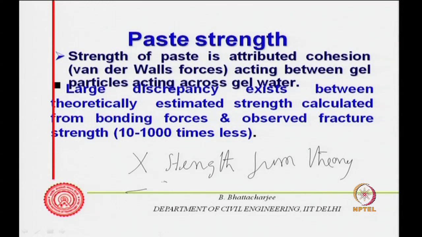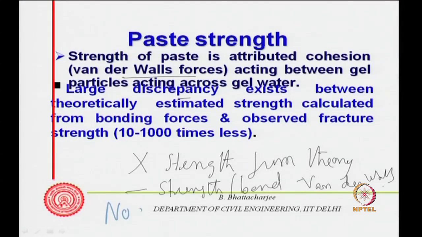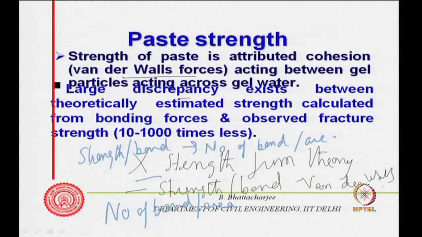How is the theoretical strength obtained? Because the strength per van der Waals bond is known, and if I also know the number of bonds per unit area, then I can calculate the theoretical strength per unit area.